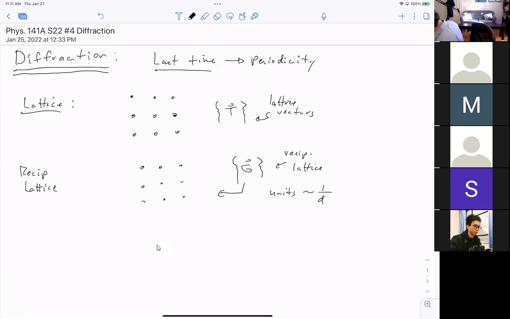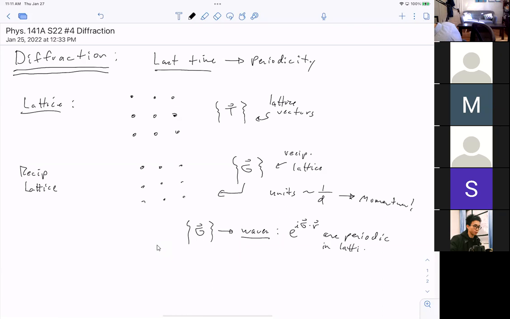And so this leads to momentum. You can think of these as momentum. And the reason is because the reciprocal lattice, the set of G vectors, corresponds to a set of waves. And those waves, e to the i G dot r, are periodic in the lattice.